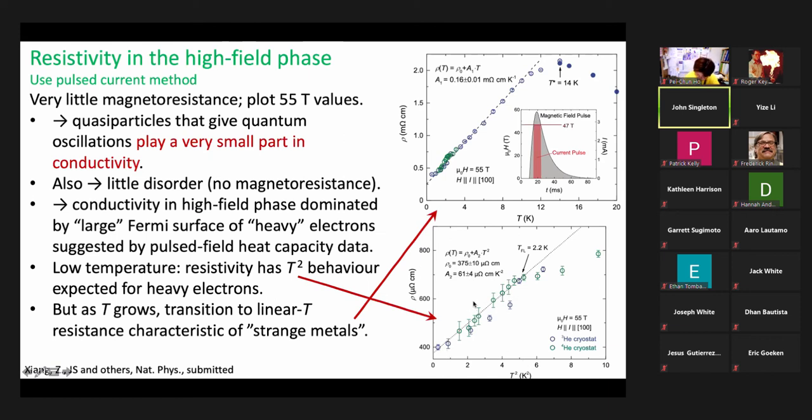Now, this is the expected behavior for heavy electrons, like the heavy fermions that we're expecting in a condo metal. So in a way, no surprise there. But then it goes over to being linear at higher temperatures. And resistivity linear in temperature is characteristic of so-called strange metals. So that's another clue as to what might be going on here.